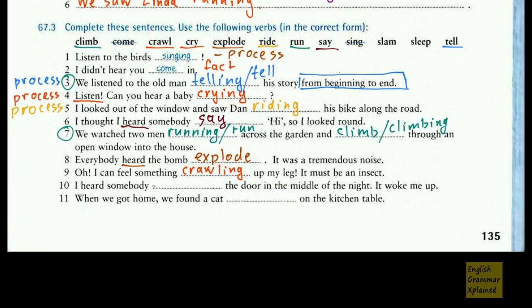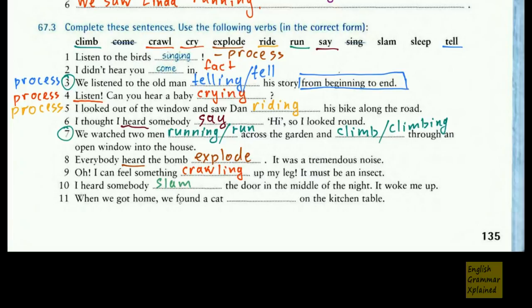Number 10. I heard somebody slamming the door in the middle of the night, it woke me up. So that's the fact in the past. I don't think that's the process. So, slam. Complete action, in fact, in the past.